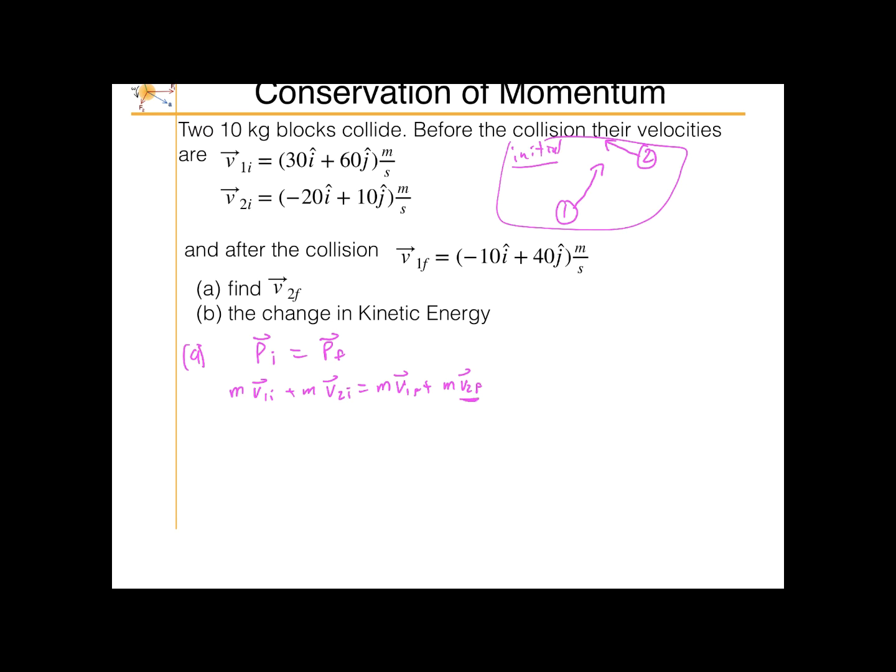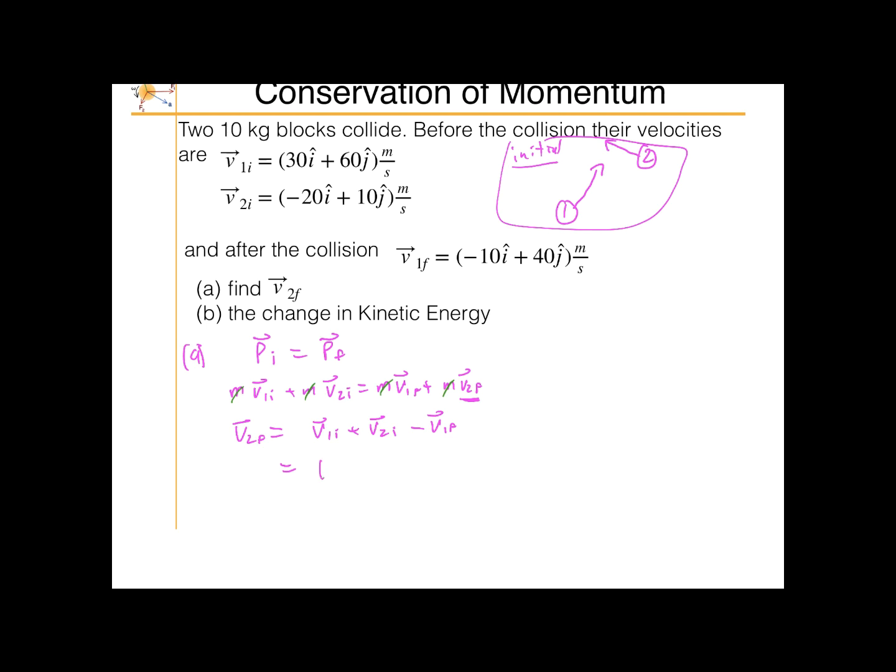We're trying to find V2 final, and you notice that all the m's cancel. It's kind of nice when all the masses are the same, so you're basically just adding velocities together. So solve for V2 final, and the V2 final vector is going to be V1 initial vector plus V2 initial vector minus V1 final vector.